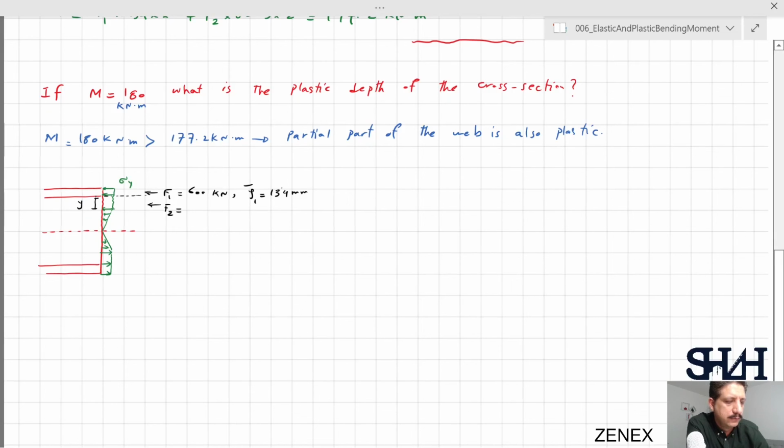F2, the area is Y times 6 millimeter times sigma Y. And then Y bar 2 was 128 millimeter, so it will be 128 minus half of Y. And here we have also F3.